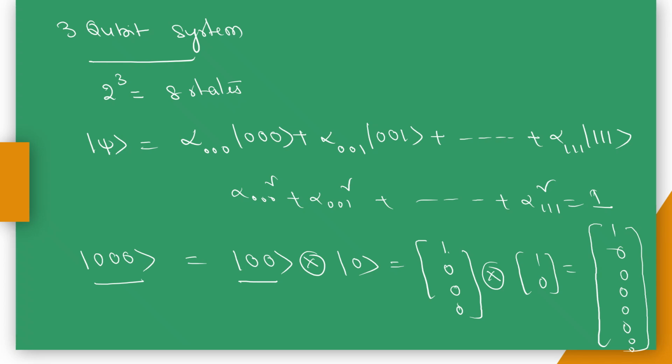And coming to one of the most important topics in quantum computing, that is entanglement. As we know, interference, superposition, and entanglement differentiate quantum computing from other systems.